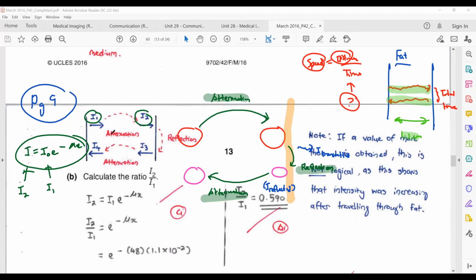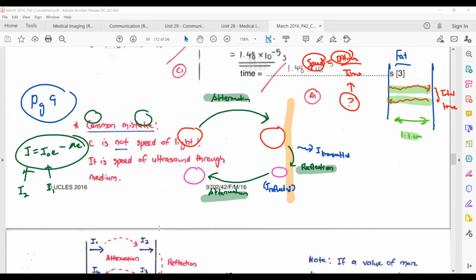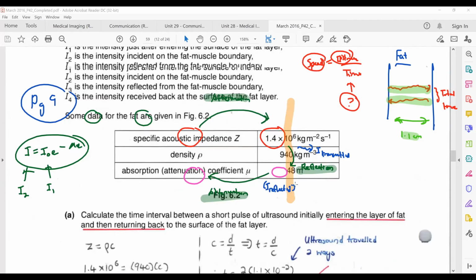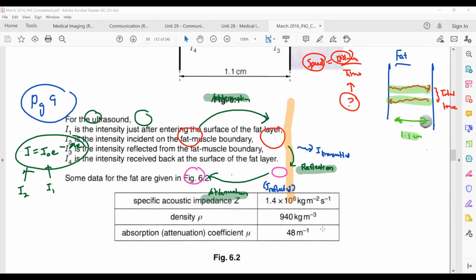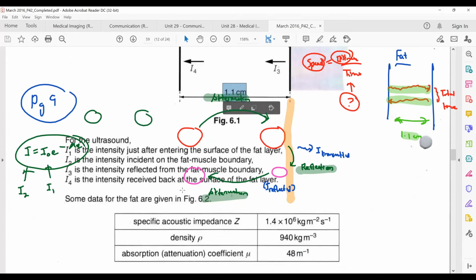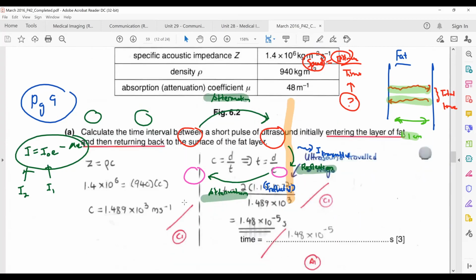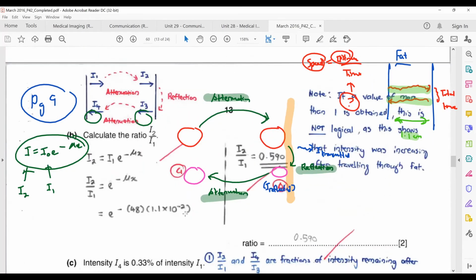So applied to your current diagram, it will be I2 equals I1 exponential negative mu x. So the ratio of I2 to I1 is exponential negative 48 times 1.1 times 10 to the power minus 2. This one you need to remember to change your units so that they're consistent. Your mu here is in meter, so your x must also be in meter.